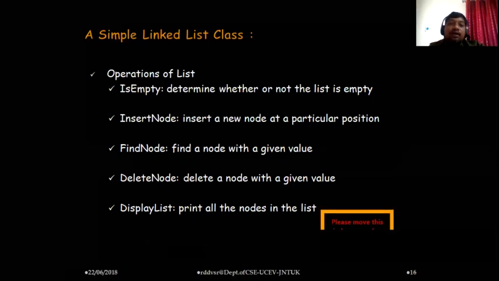We can insert an element at a specific location, insert at the front or insert at the tail. These are the other possible operations with insertion. And we can find a node with a given value, delete a node with a given value, display the list, print all the elements in the list. These are the operations.